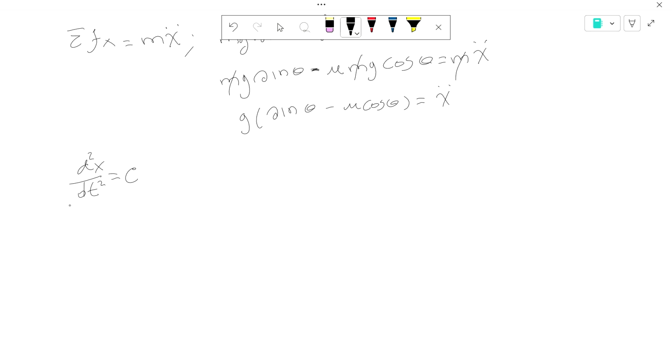So if we bring that, x dot is equal to c t. We're keeping dx on one side, we're bringing dt to the other side, right? Basically what we're doing is dx equals c dt, so we're integrating once.